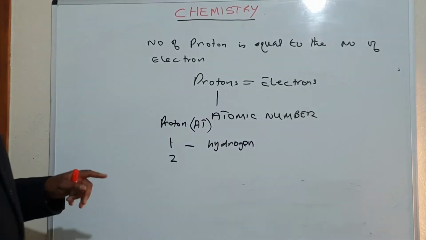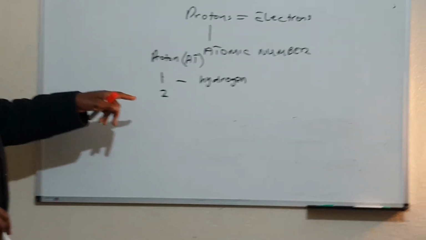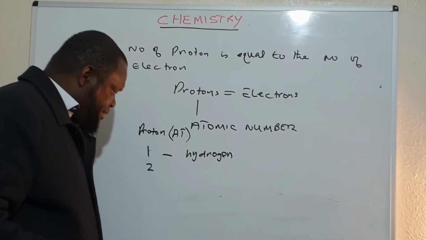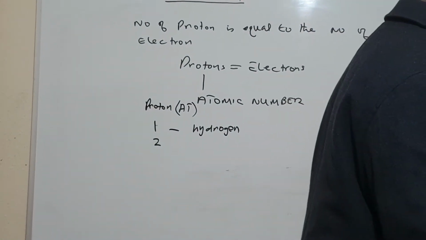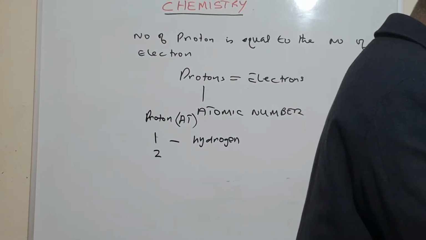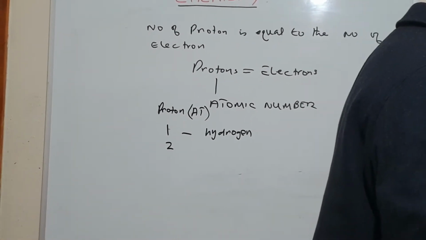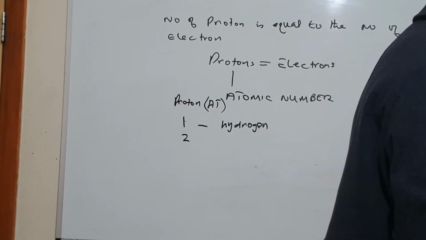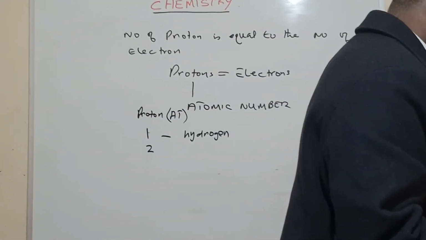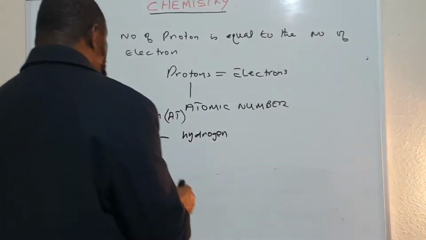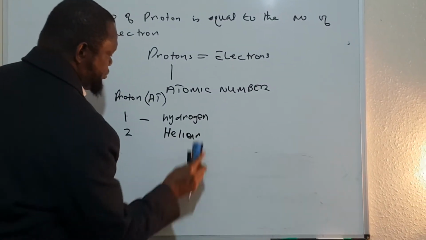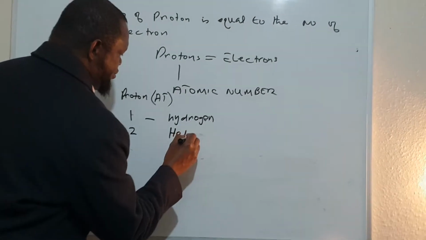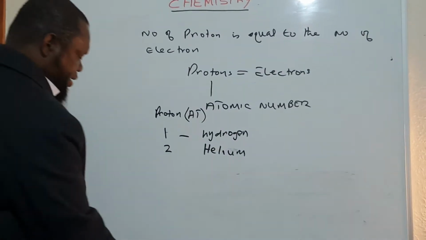The periodic table is at the back. So if it is 2, the element is called helium.